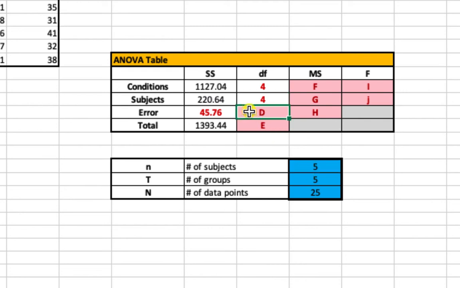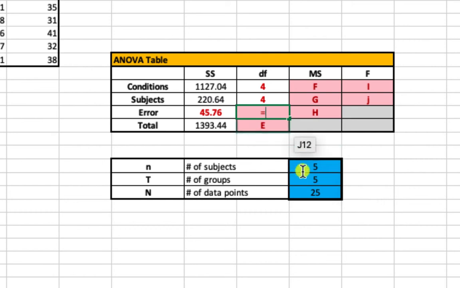The error is going to be the degrees of freedom between conditions as well as within subjects. So we calculate this by doing t minus 1, and you could calculate this a couple different ways. You could put t minus 1 in parentheses and then multiply it by n minus 1, also in parentheses.